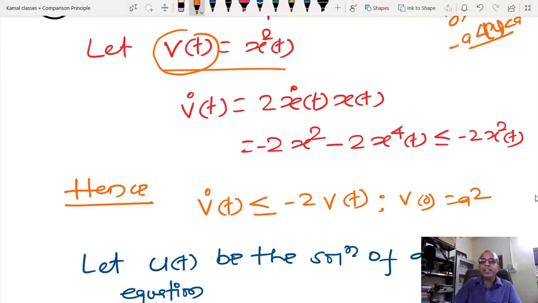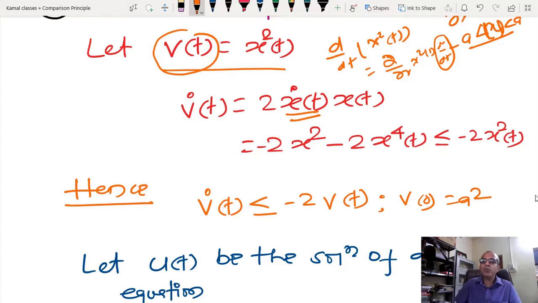So if you calculate the derivative of V(t) with respect to time, then I have 2x, because here I have to calculate d/dt of x square of t. First I calculate ∂/∂x of x square, and then dx/dt. So dx/dt is x dot, and ∂/∂x of x square is 2 times x. Does anyone have any confusion on this?